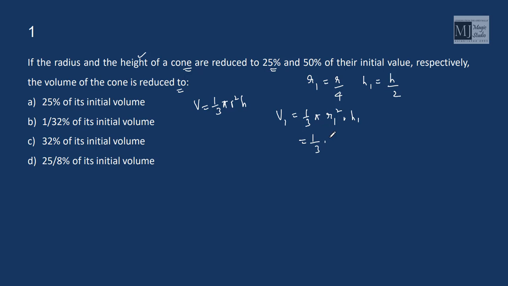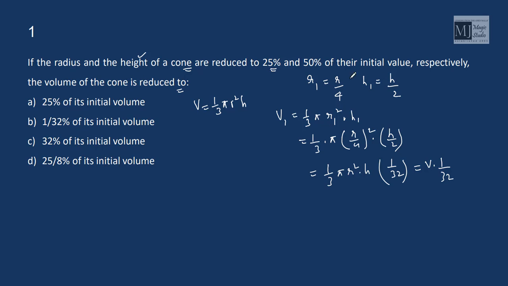So that would be 1 by 3 pi r by 4 whole square into h by 2. Can I write this as 1 by 3 pi r square h into 4 square is 16, 16 into 2 is 32. So that becomes v into 1 by 32.